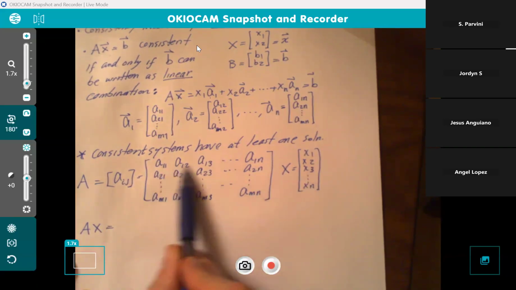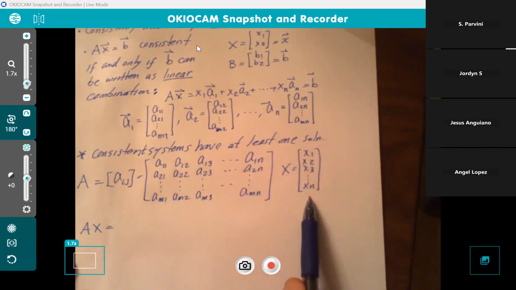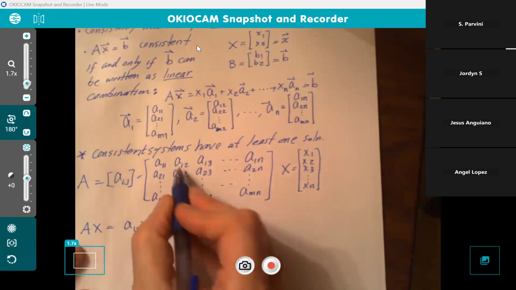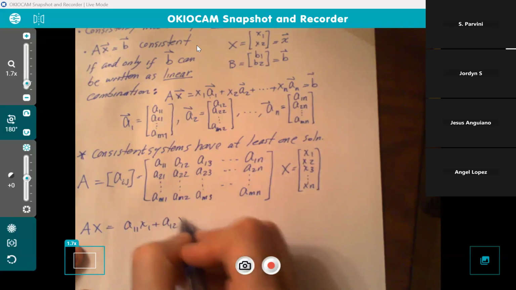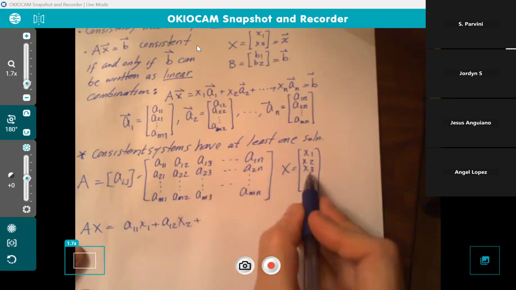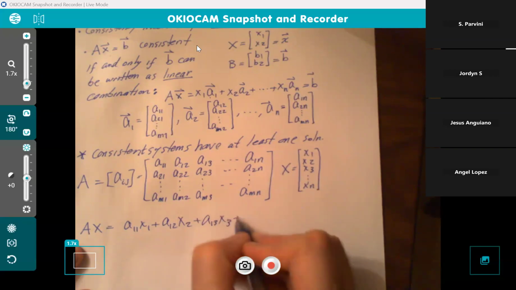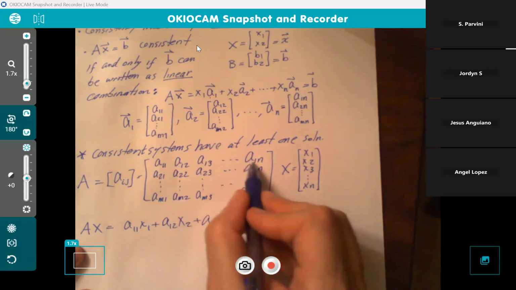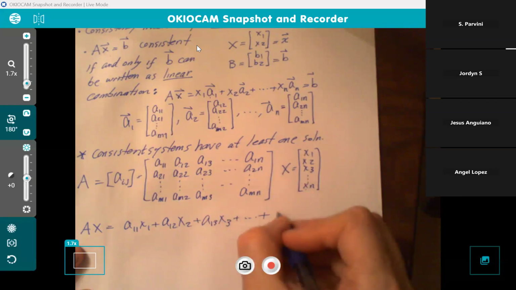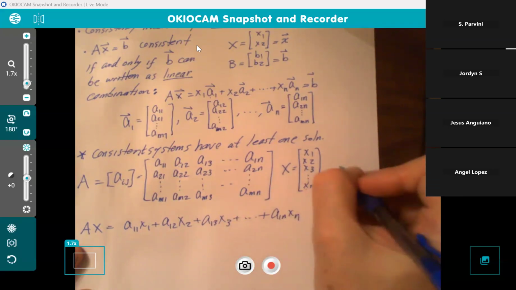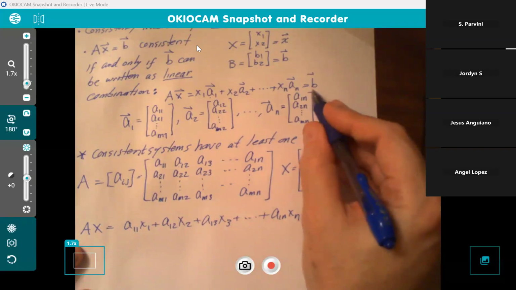I'm going to multiply first row, first column. So it's going to be A11 x1, A12 x2, A13 x3. You see how they multiply? Plus A1n xn. And that should equal matrix B.